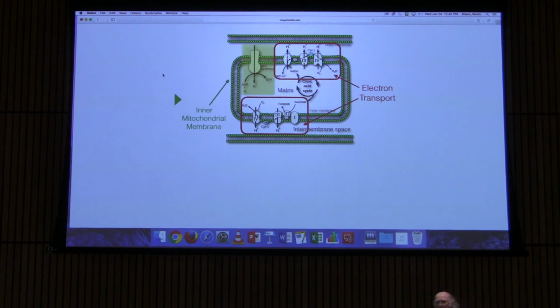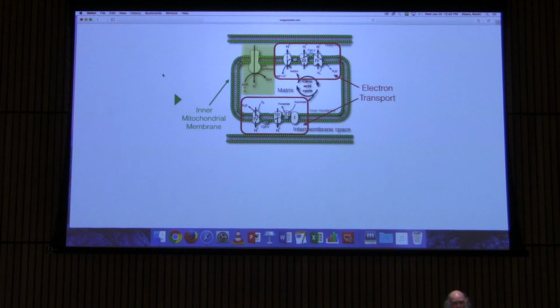By contrast, the movement of electrons from FADH2 corresponds to about 2 ATPs. If we use those estimates, and people argue about them, whether it's 2.5 or 3 or 2 or whatever, it doesn't really matter for our purposes. If we use the estimates of 3 and 2, that's where we get the numbers that say the complete oxidation of glucose to carbon dioxide results in production of about 38 ATPs when oxygen is present.